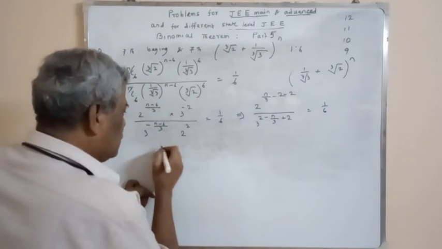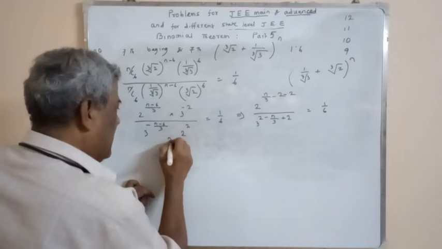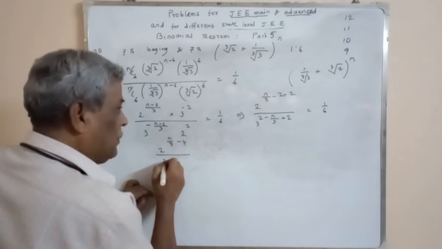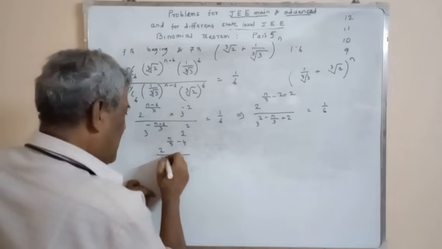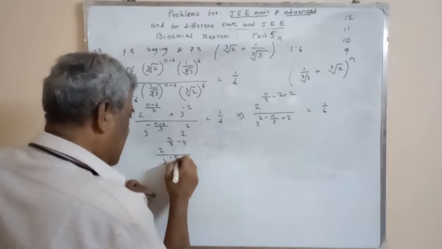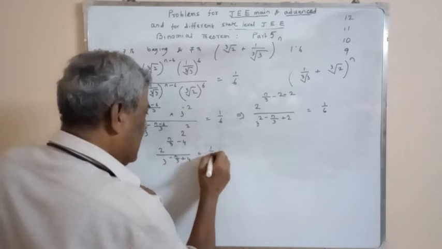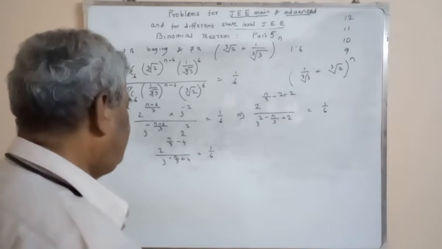So that 2 to the power n by 3 minus 4 by 3 to the power minus n by 3 plus 4 is equal to 1 by 6.